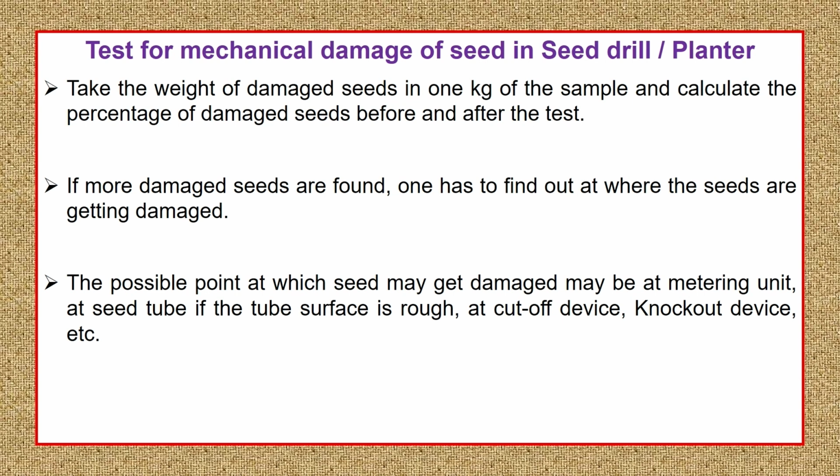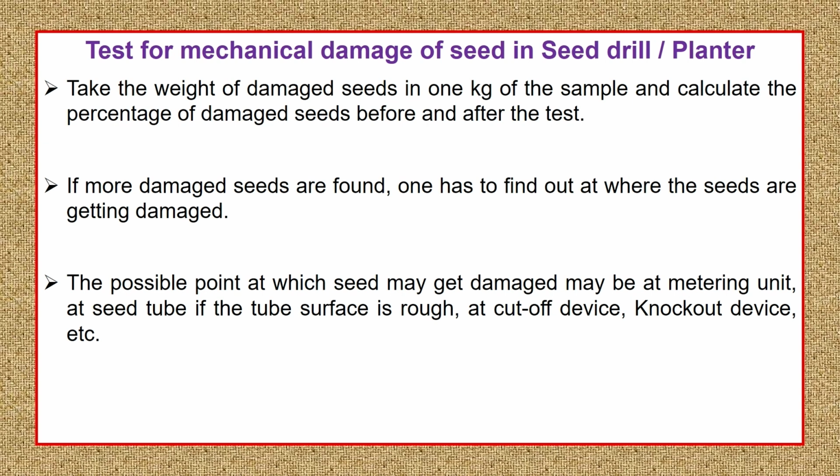Other than that, the seed carrying pipe, seed tubes or seed pipe: if the internal surface of the seed tubes is not smooth, the seed may experience scratching while traveling from the point where the seed pipe receives the seed from the meter mechanism to the point where it will be deposited at the furrow. Other than these two, cutoff devices and knockout devices are also components where the seed has more chances of getting damaged.